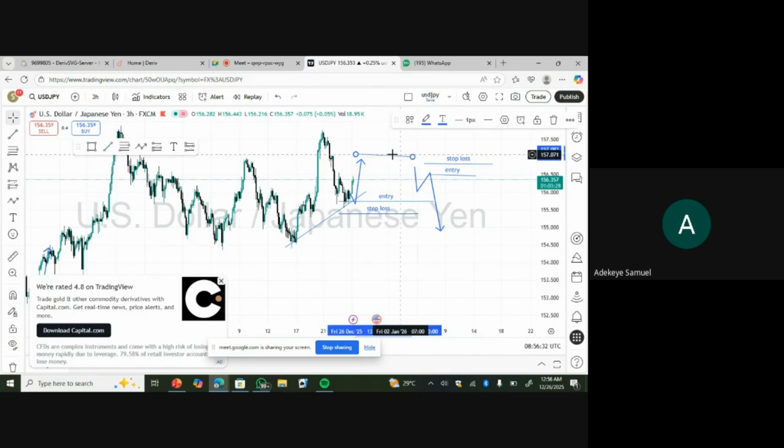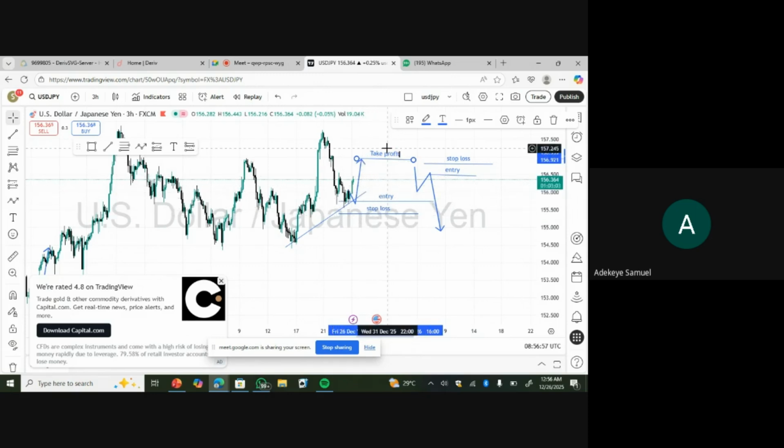Okay, let's say like this. This is my target, right? This is my take profit point. This is my target here, and this is my stop loss.